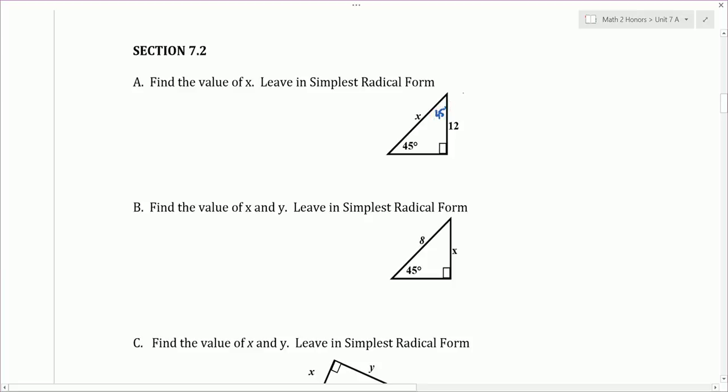And the way we're going to handle this is we're going to draw another 45, 45, 90 right triangle that's similar. We know they're similar by angle-angle similarity. And it has a hypotenuse of 1. And this has a hypotenuse of 2.